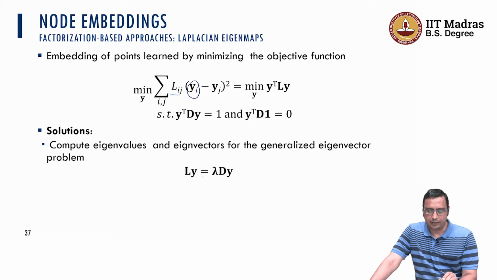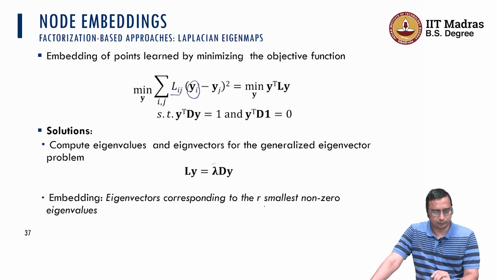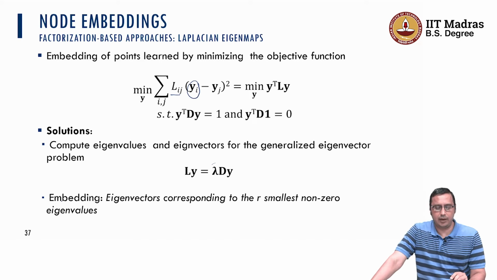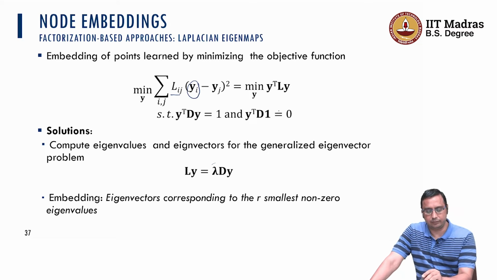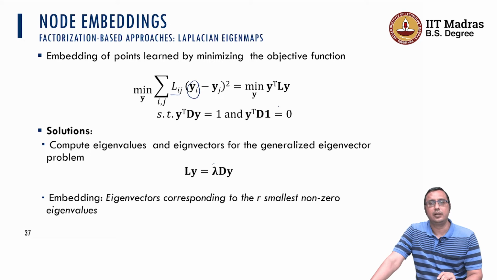However, in certain cases we cannot have D equal to I. In that case, it is a generalized eigenvector problem. And how can we find the embedding? The embedding here is the eigenvectors corresponding to the r smallest non-zero eigenvalues, which we found by minimizing this particular objective function or loss function.